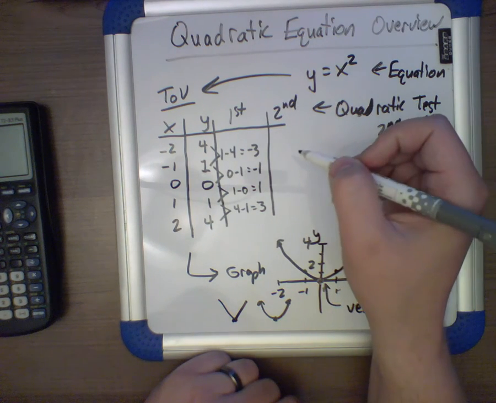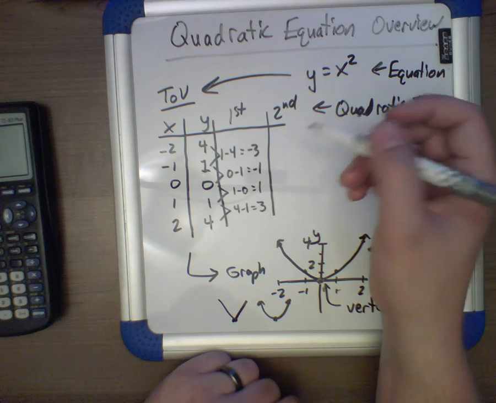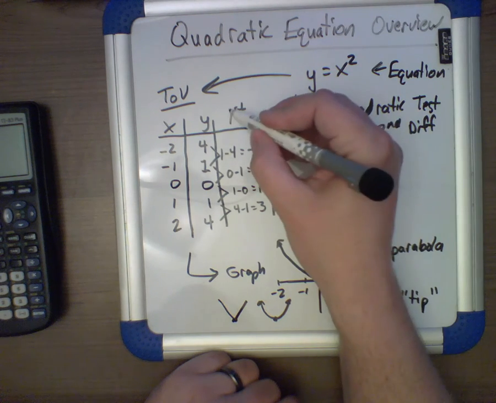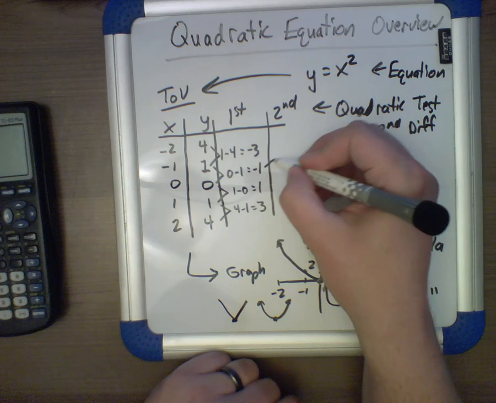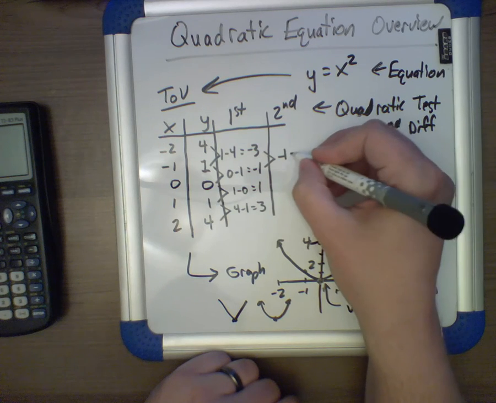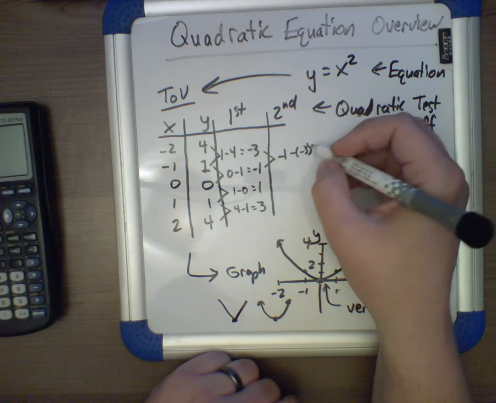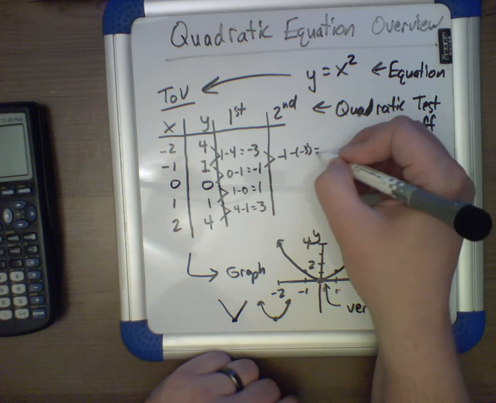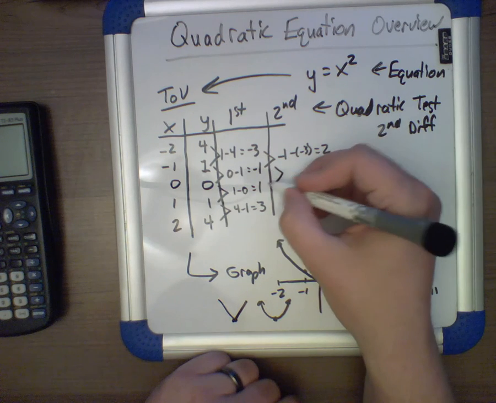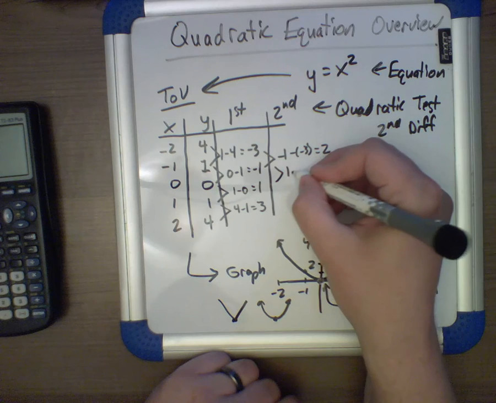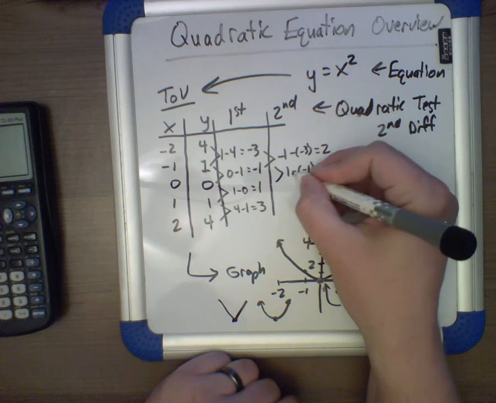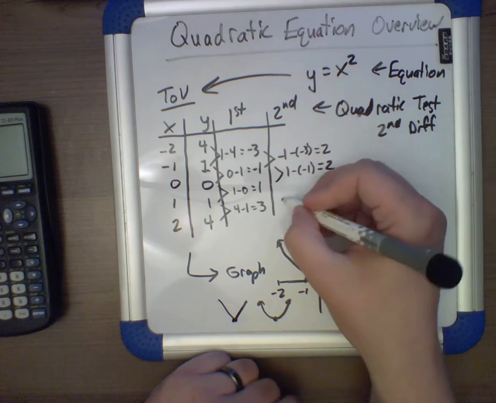Now we'll do our second difference test. We're going to follow the same pattern, but we're going to find the differences of our first differences. So let's take a look. -1 minus -3, which is the same as -1 plus 3, is 2. 1 minus -1, which is the same as 1 plus 1, is 2.